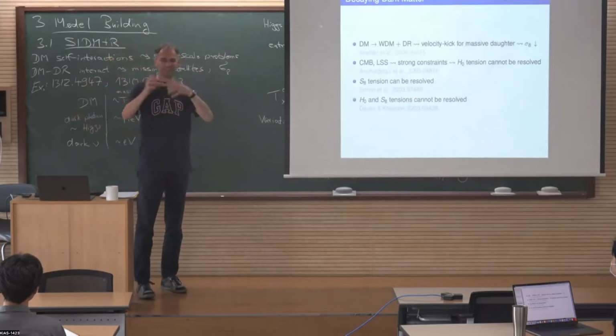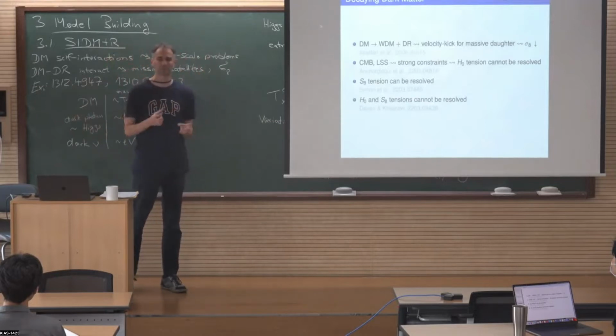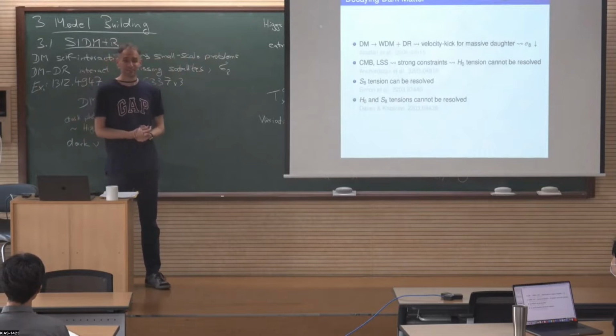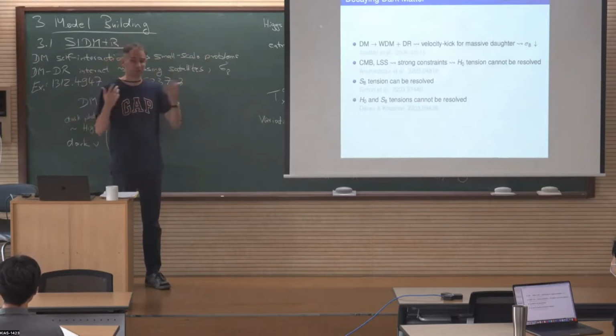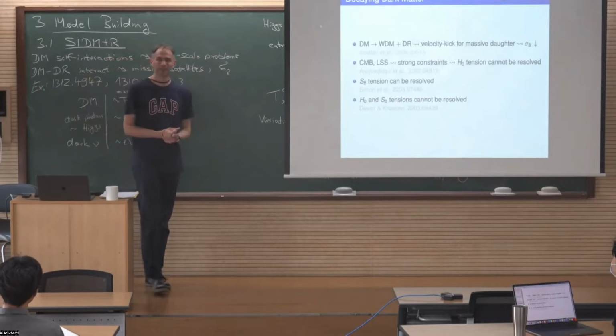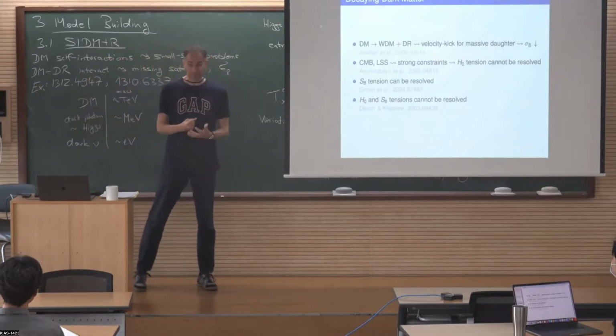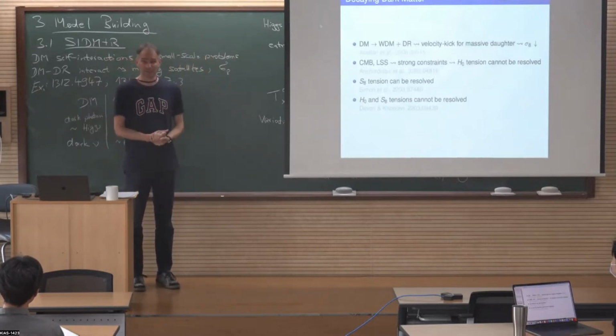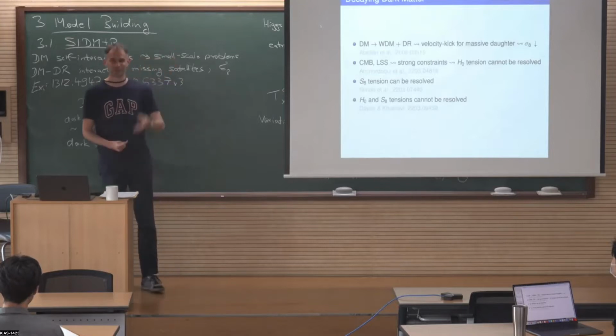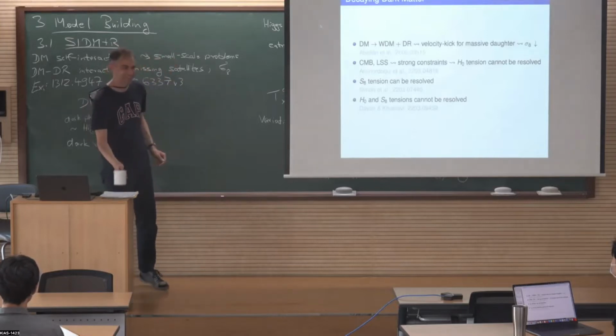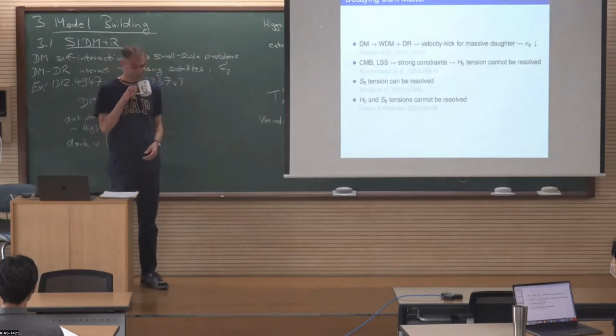I think you stay in the middle, at 2 to 3 sigma overall tension, or at a not very good fit. So there's no silver bullet so far that people agree completely resolves these tensions. Of course, systematic errors are always popular, but that's boring from the model building perspective.